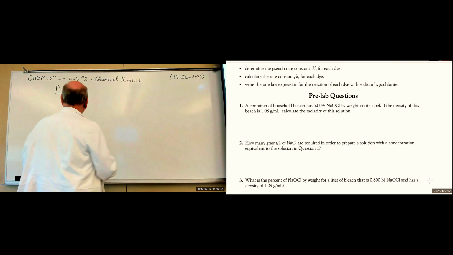I think it's blue number 1. So it's blue number 1 to the n power times sodium hypochlorite to the m power. That's the final form of the rate law that you're going to determine with this experiment.